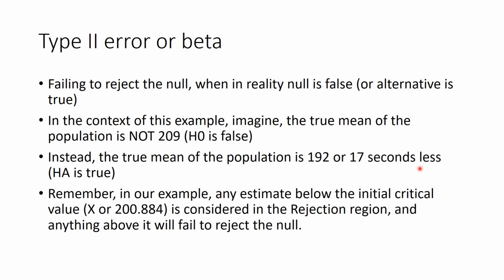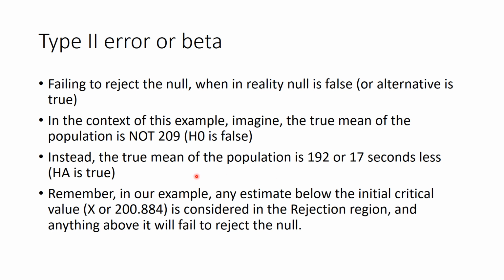That's what our question was asking. This is the difference we wish to detect. So our alternative here is true. It's like, imagine instead of our null being true, our null is false, and our alternative is the true mean of the population. So 192 is the true mean of the population now.